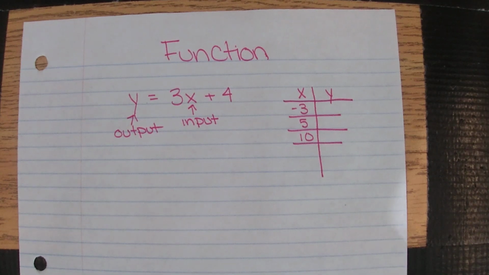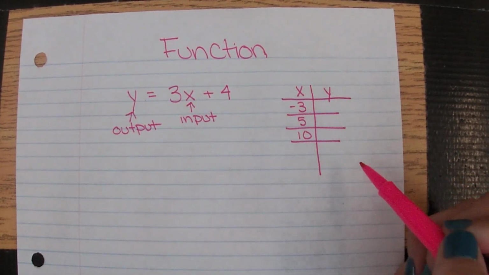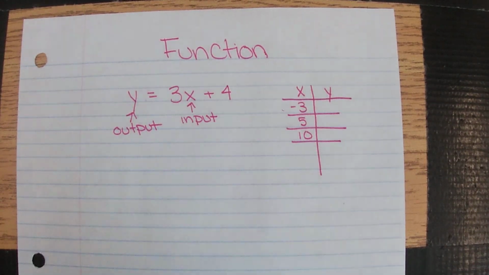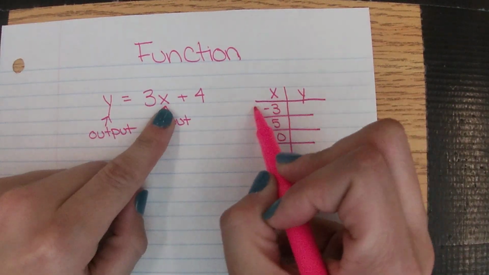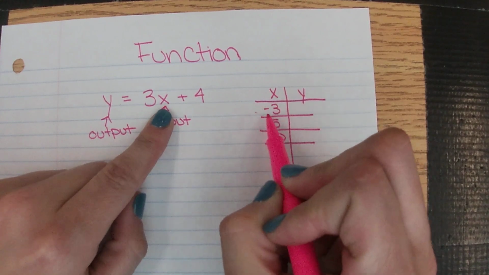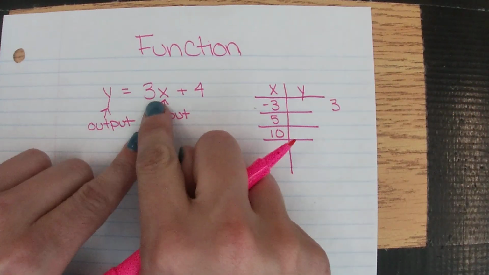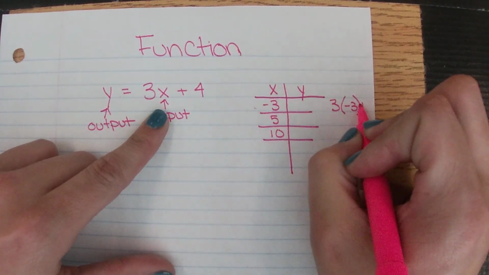Whatever numbers. We could then find the corresponding y value by plugging that -3 in for x. Instead of 3 times x, my x value is now being substituted by -3. So 3 times x becomes 3 times -3 plus 4.